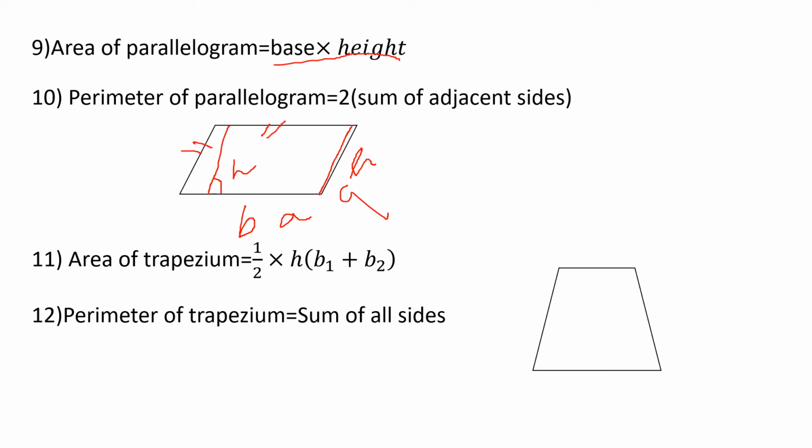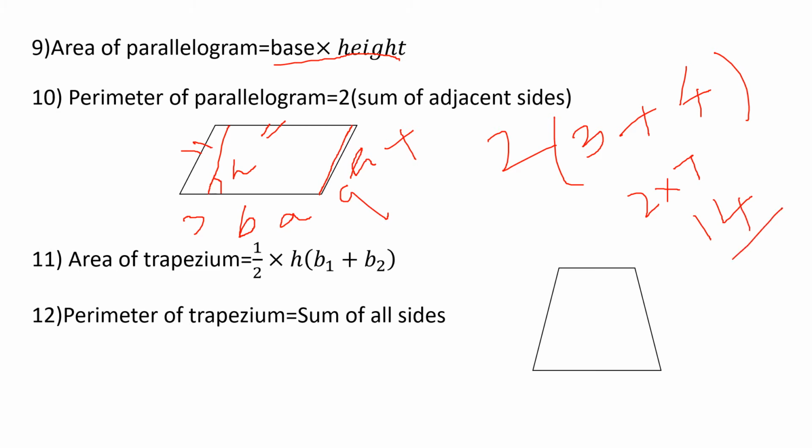So what is the formula for the perimeter of a parallelogram? 2 into, for example, this side, the base, is 3 and the height is 4. So these two adjacent sides we are taking. So 3 plus 4, example. 3 plus 4, what is the answer? 7, right? So 2 into 7. So what is the perimeter of the parallelogram? 2 sevens are 14. 14 is the answer.